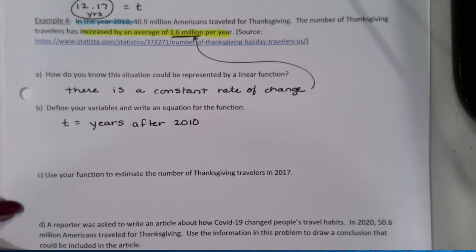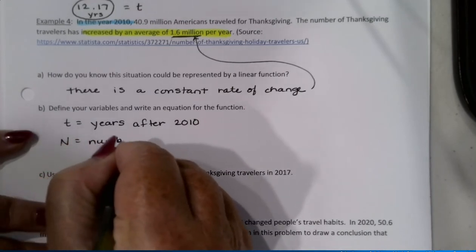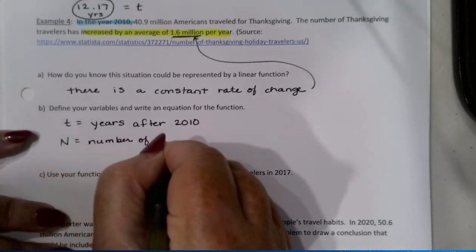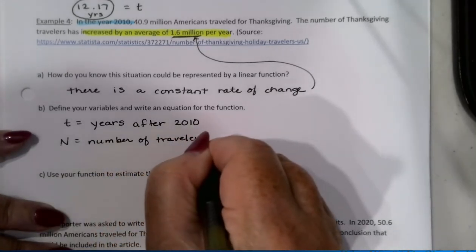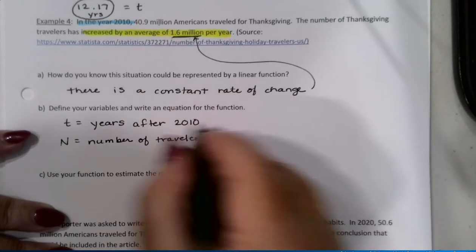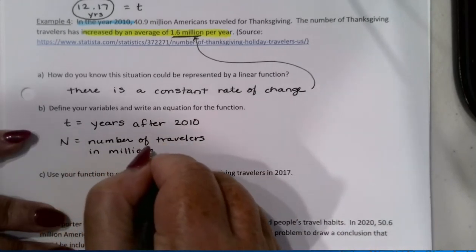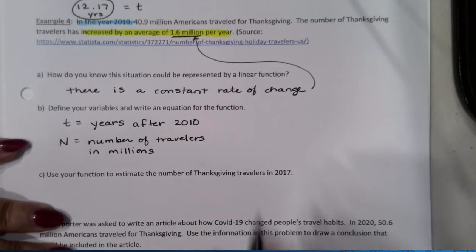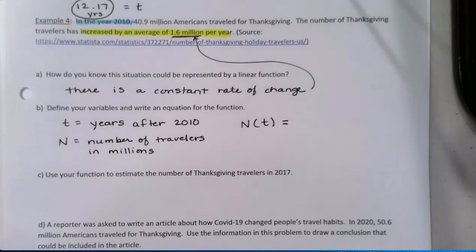Let's see. The number of travelers, I'm going to call that n. We'll call that the number of travelers. And it is going to be in millions. So my function is going to look like n of t. All right.